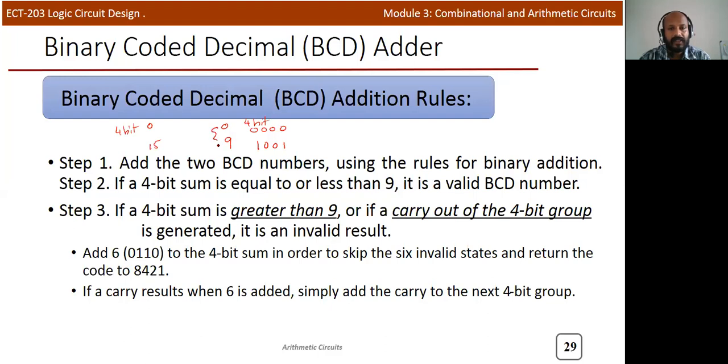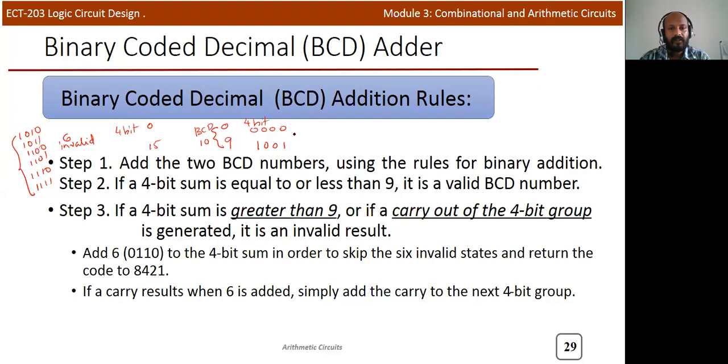But in the case of BCD, we use only 10 combinations. The other 6 combinations are considered invalid in BCD. So we are not using the combinations 1010, 1011, 1100, 1101, 1110, 1111.